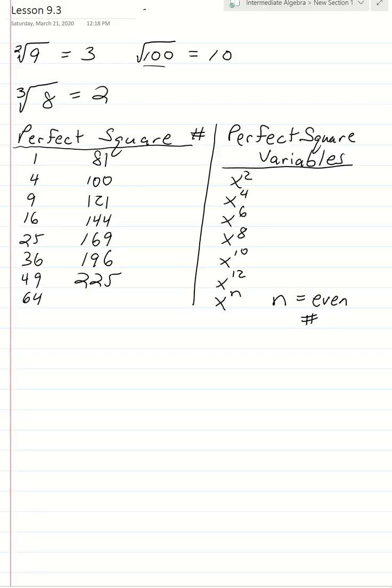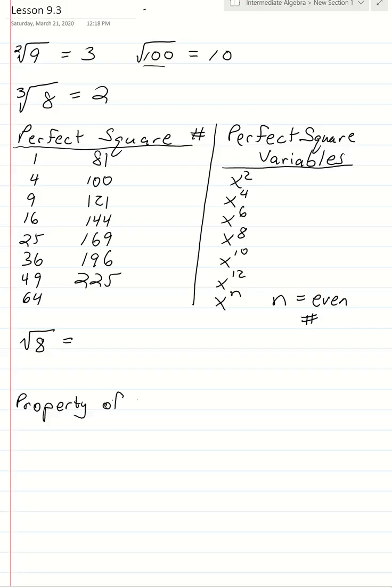But let's say we want to take the square root of a non-perfect square number. For example, if we wanted to take the square root of the number 8, now there is no number that when you square it, you get 8, no rational number. So what we're going to have to do is use a property involving radicals, and that is a property of multiplication.